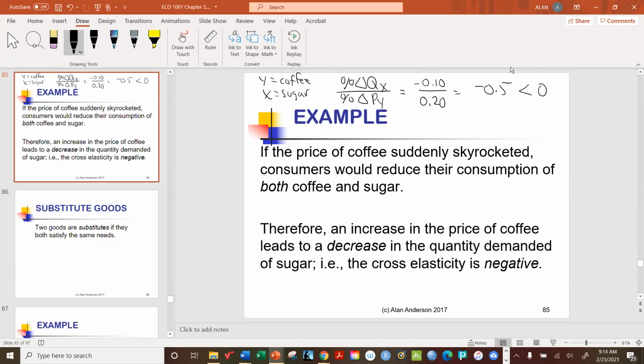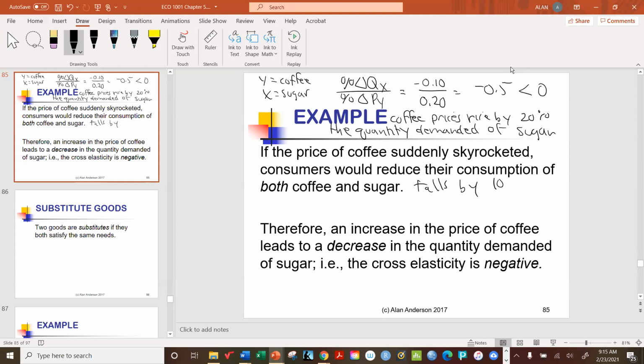Okay, so in other words, the price of coffee increases by 20%. The quantity demanded of sugar falls by 10%.